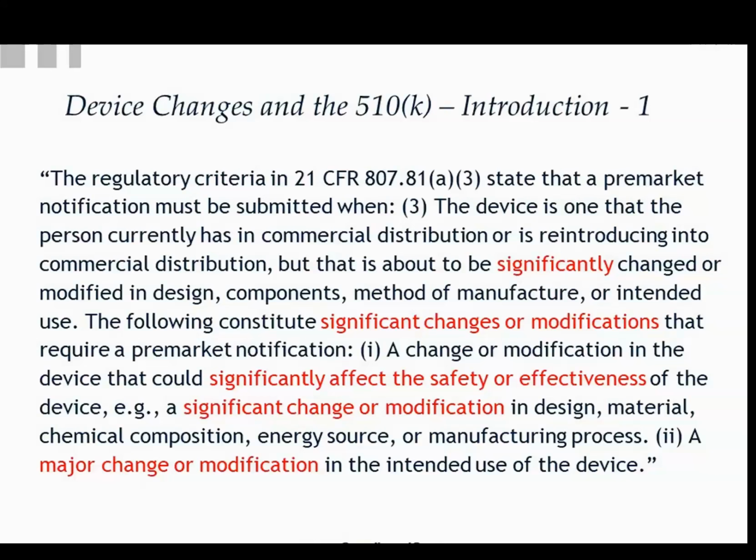First of all, it has to be a significant change, creating a significant effect upon the results that were cleared by the FDA. Remember, the 510K you submitted had to show, and we'll discuss the 510K principles a little later on, that your device was substantially equivalent to what's already on the marketplace.